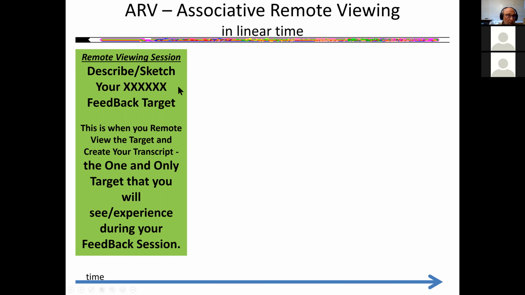It's really quite simple in principle. Describe and/or sketch your, and this is something called a coordinate or a target reference number. It's uniquely associated with this feedback target.